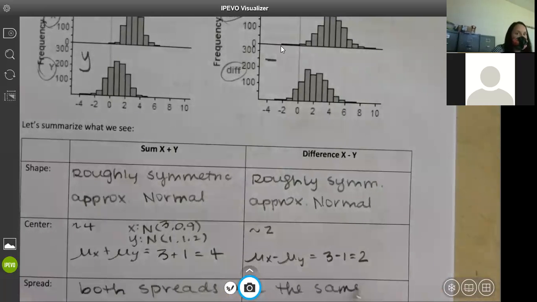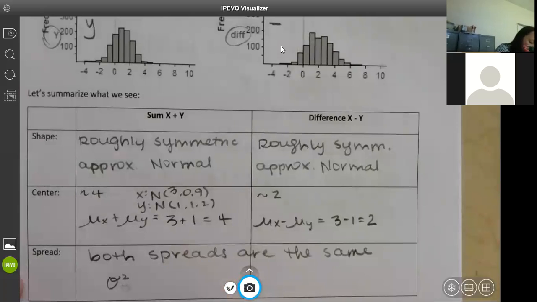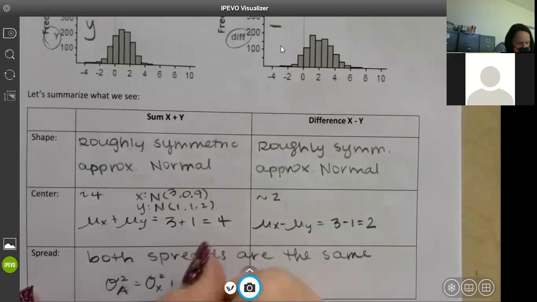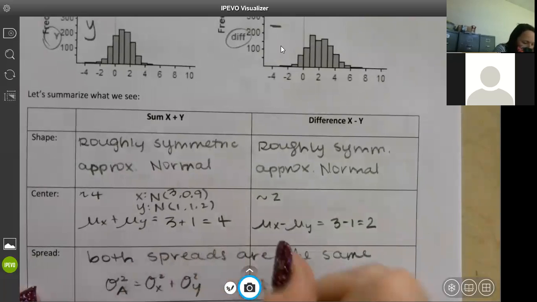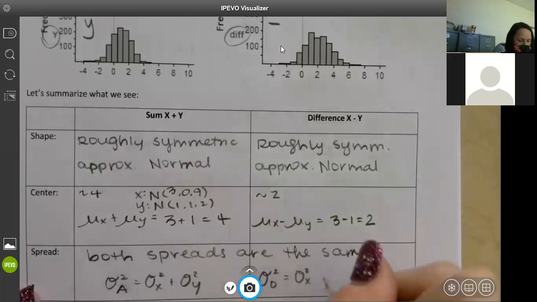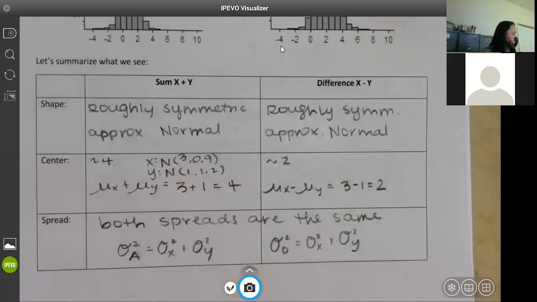Remember, both spreads are going to be the same because to find the variance of the sum, we would do the variance of X plus the variance of Y. For the difference, we would do the same thing, variance of X plus variance of Y. So they would have to be the same. It's the same formula. Okay, so that's all they want you to see.